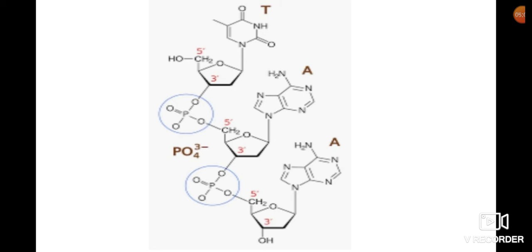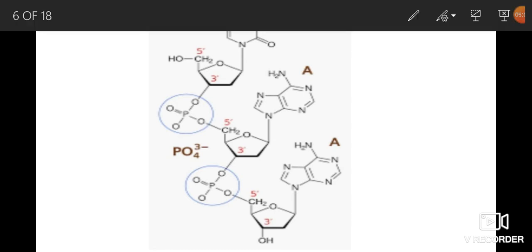See, this picture belongs to formation of phosphodiester bond. This one is pentose sugar. In this, third carbon and another pentose sugar, fifth carbon.